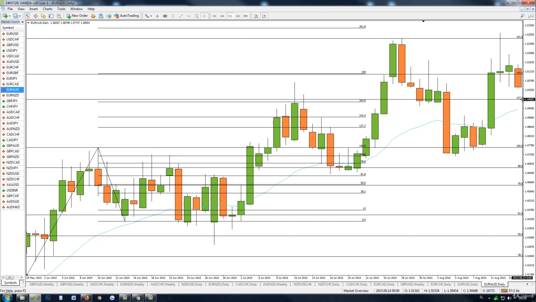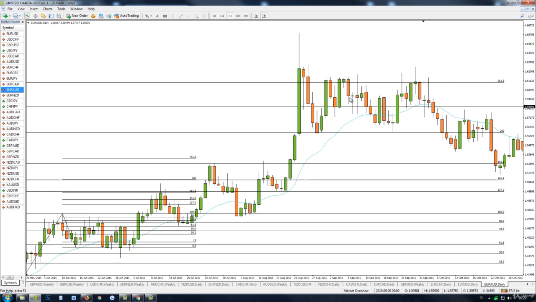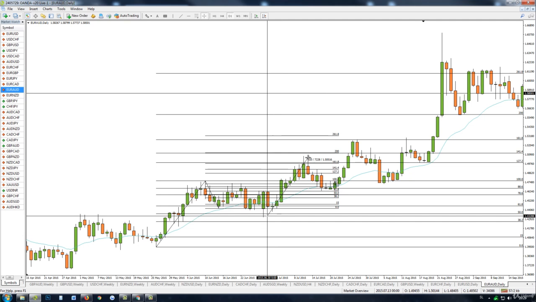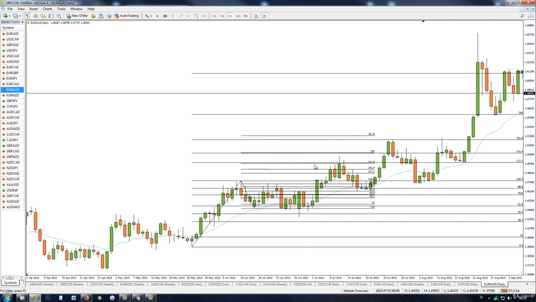In this case you can see this is the impulse leg and retracement Fibonacci. It is actually like 10 pips, but the reason for that is because Euro Aussie is doing a lot of pips. This movement alone is like 700, 800 pips. Pips are not important, how close together they are is what's important.